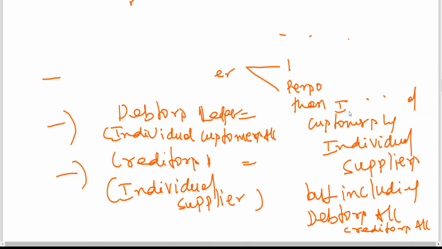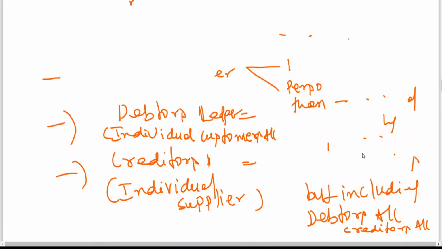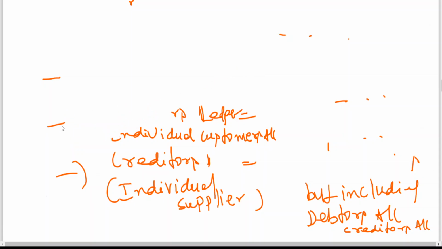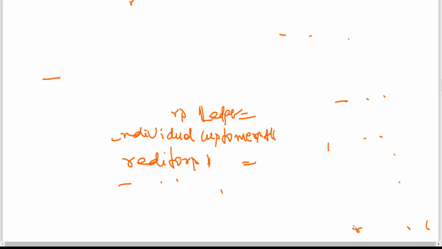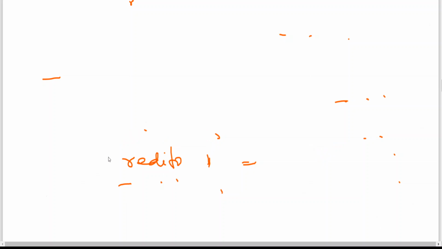Some people will ask about the cash book. Cash book is a separate ledger because it is a main book, but that also comes under the category of general ledger only. You maintain it as a separate book because cash transactions are frequent.